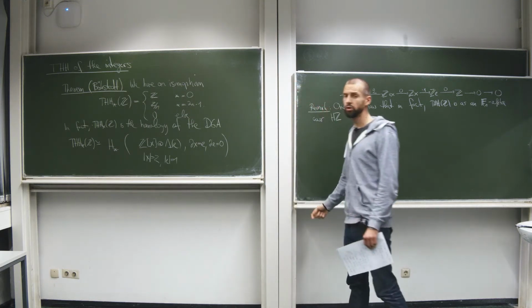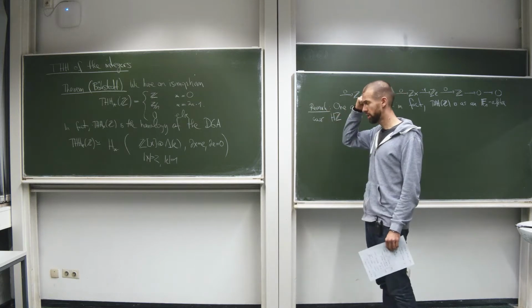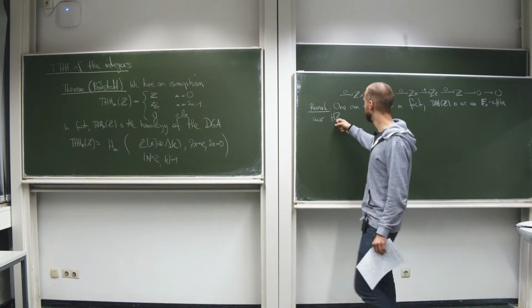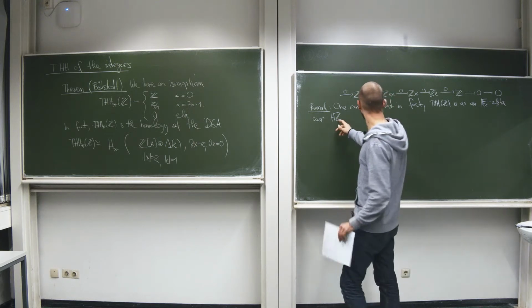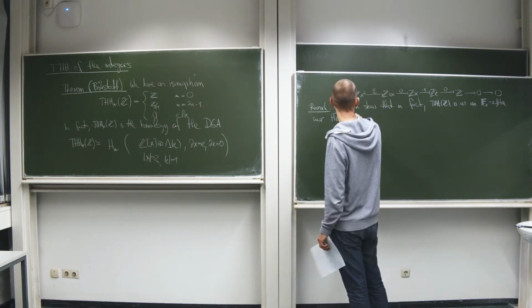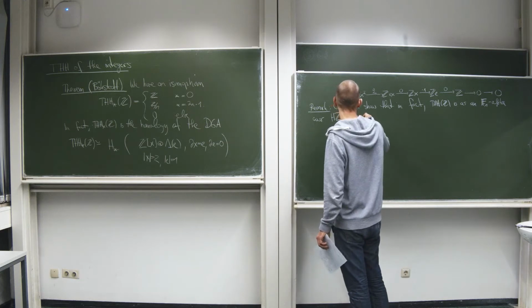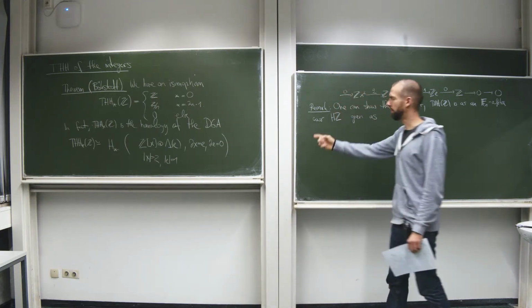I will, as usual, sometimes skip the H and confuse the integers with the Eilenberg-MacLane spectrum HZ. It is the E1 algebra over HZ given by this DGA.